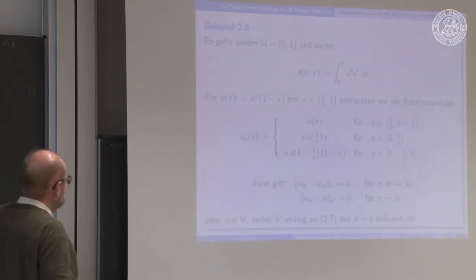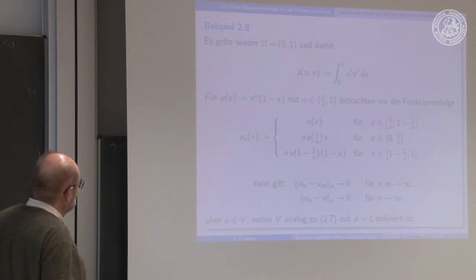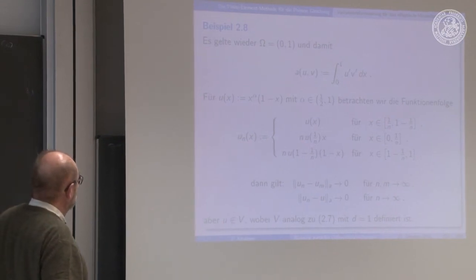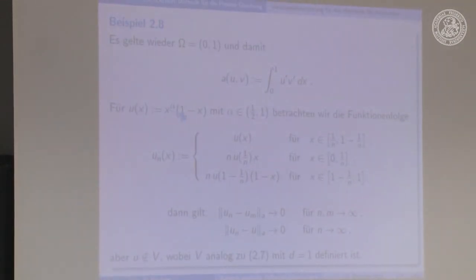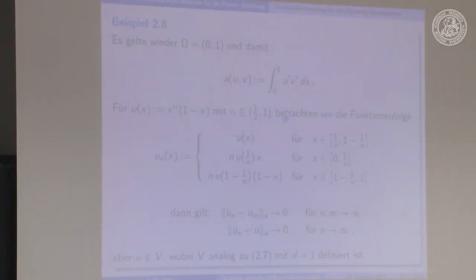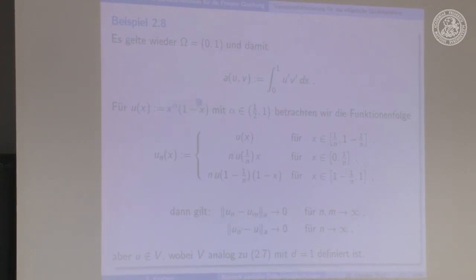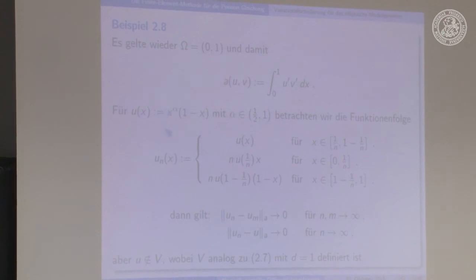And this you can see at this example, and with this I will close. Look at this function here. So this is a linear function multiplied with a power, and the power is strictly between 1/2 and 1. So the square of this power is still integrable, but you see that the derivative develops a singularity.